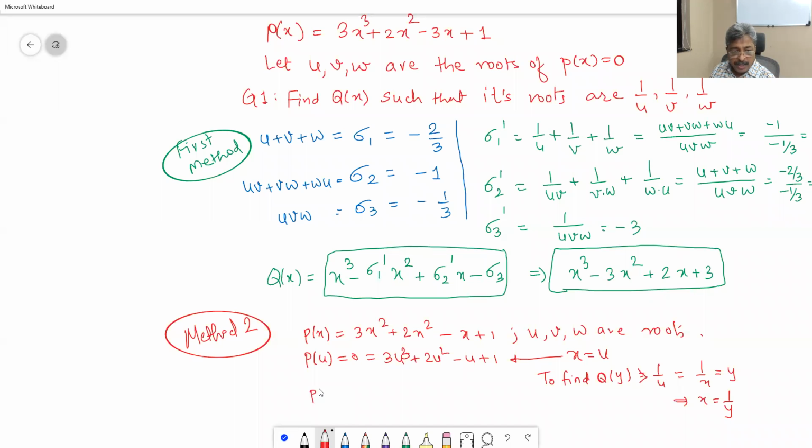So p of x eventually will look like 3 upon y square, where x is equal to 1 upon y, plus 2 upon y square minus 1 upon y plus 1. But then this is not a polynomial.